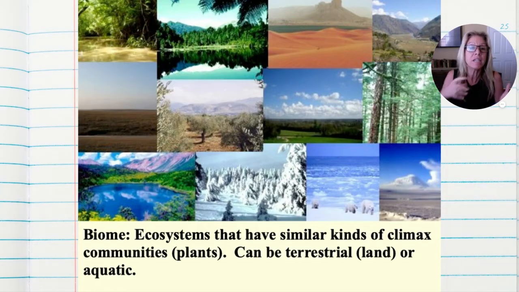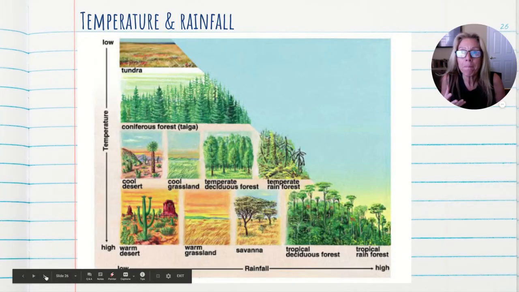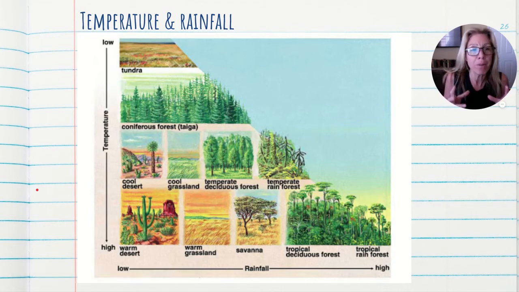Aquatic, because more of our earth is dedicated to the aquatic biome because it's mostly water. So here we can dictate our biomes on land. If we know the temperature and if we know the rainfall, we can dictate what kind of plants could live there and the animals that could live there with those plants.